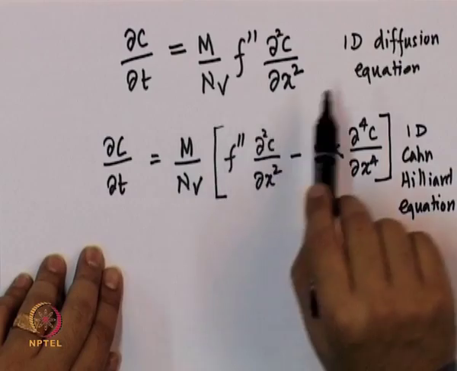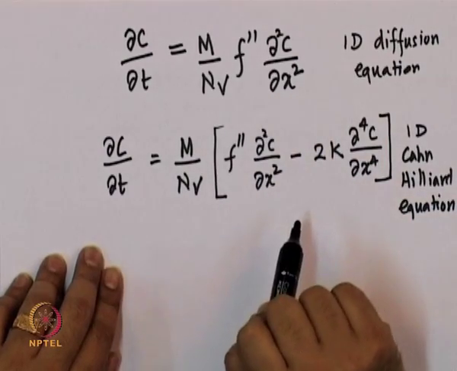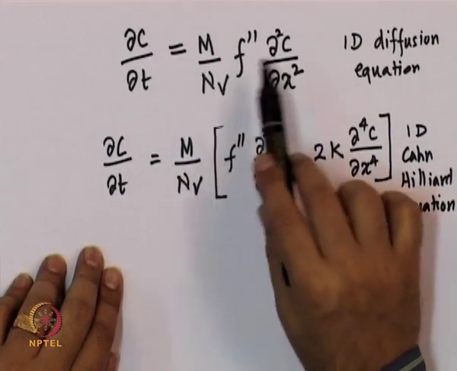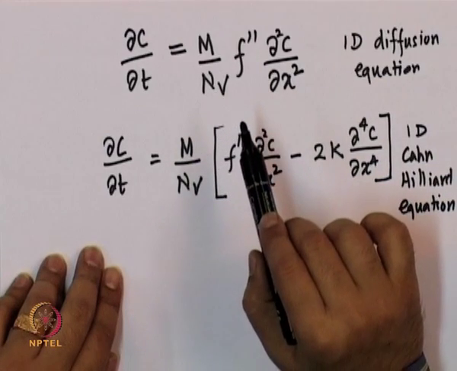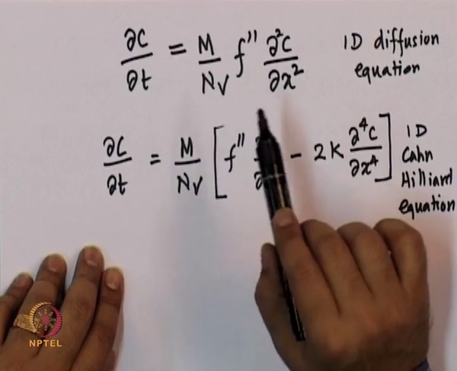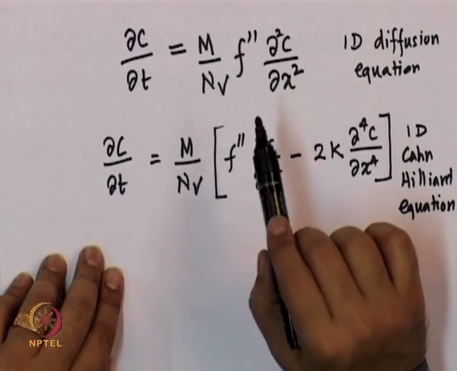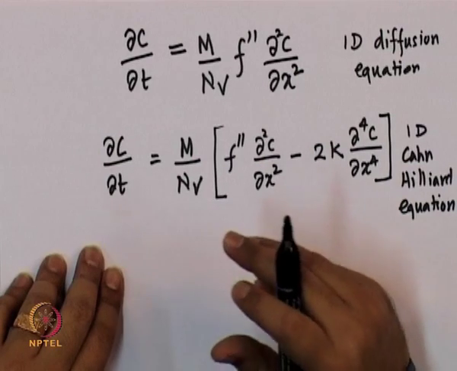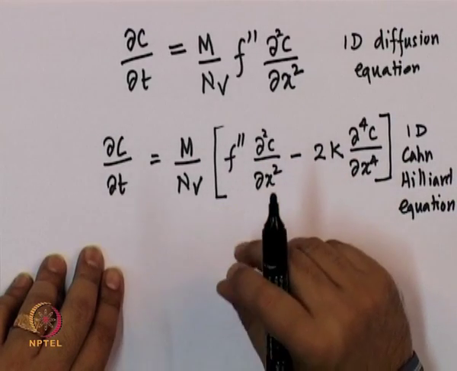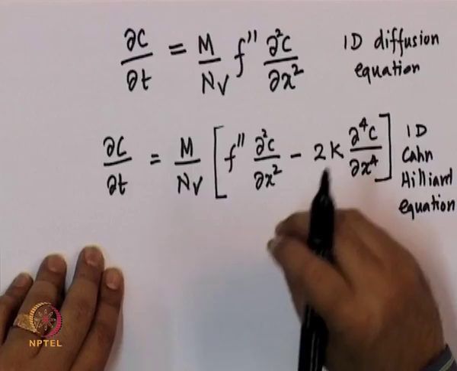So, to avoid that contradiction, we realized that the mistake we made when we wrote this is to assume that free energy is just a function of composition, because any interface that forms between two phases is a region where there is a compositional gradient; the composition changes from one value to another. So, that gradient actually contributes to the free energy, that is the interfacial free energy.